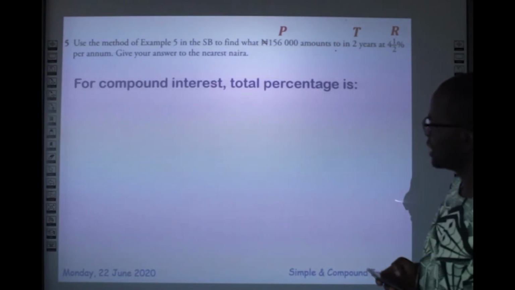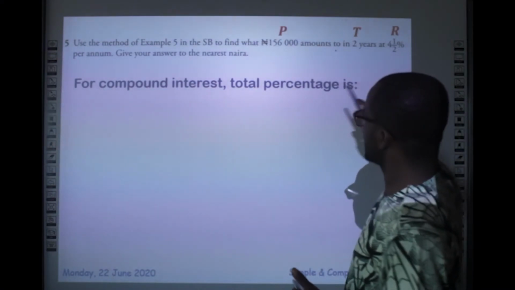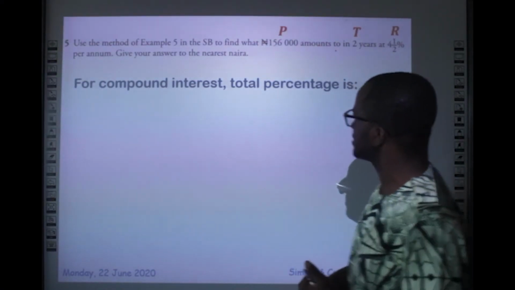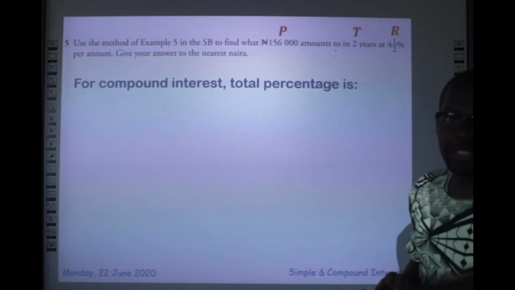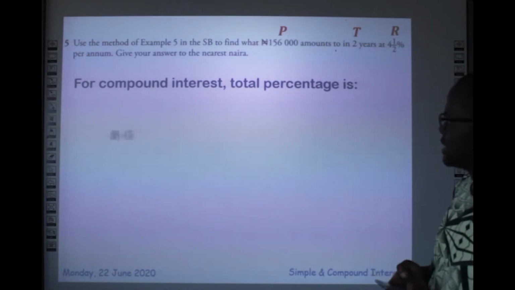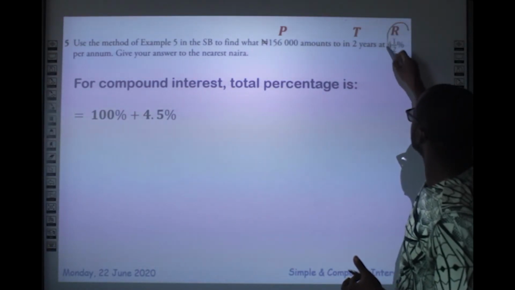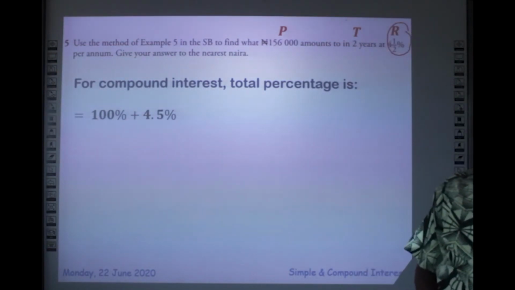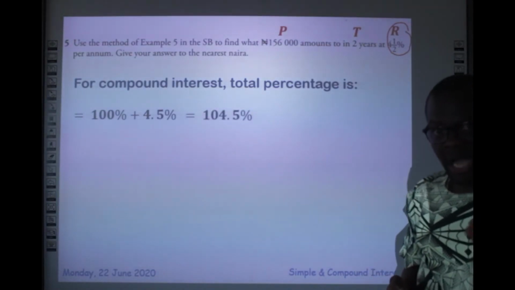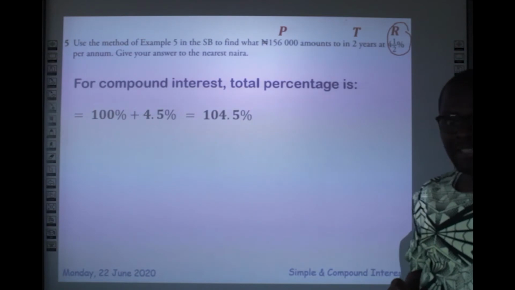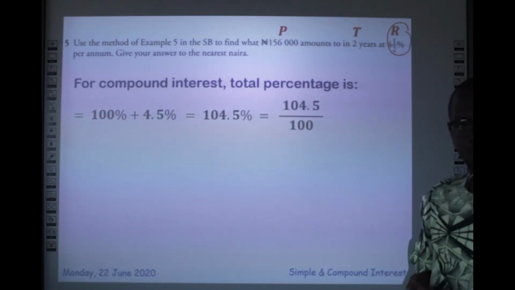So to calculate compound interest, you will first of all write down the total percentage. What's the total percentage? The 100% plus the rate. 100 plus 4.5 gives you 104.5%. 104.5% as a fraction is 104.5 over 100.